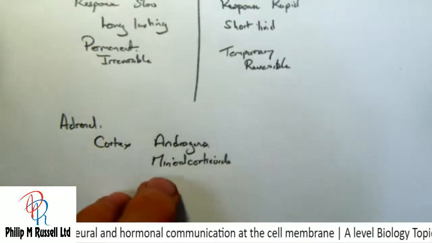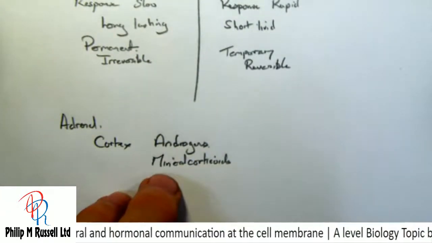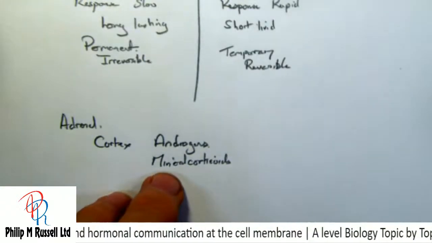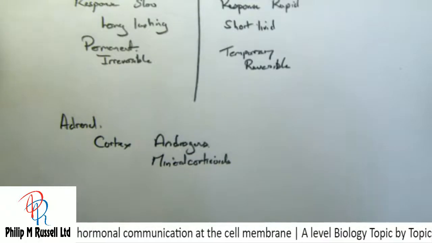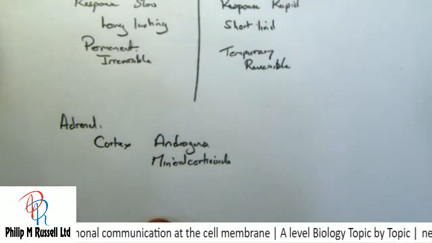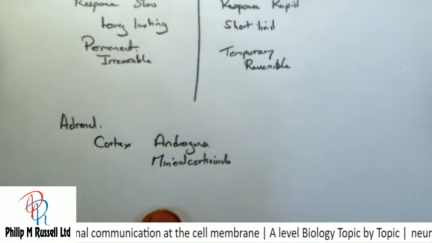The main one produced is aldosterone, which helps control blood pressure and maintain the balance between the amount of salt and water concentration in the blood, and it's mediated by the kidney.